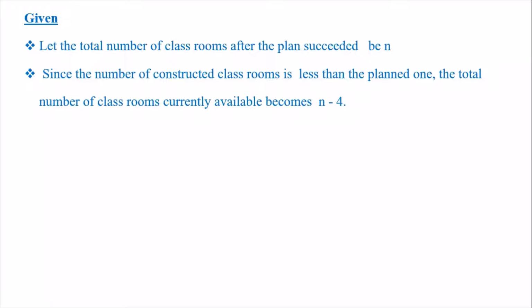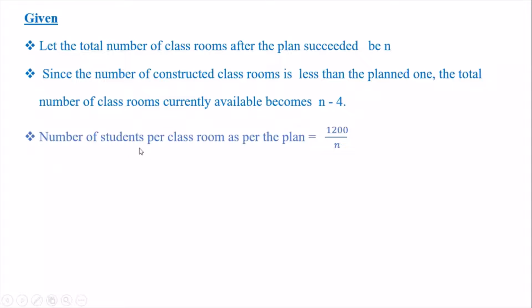Therefore, the total number of classrooms currently available is n minus 4, because the total number of classrooms is previously constructed classrooms plus newly constructed classrooms. Since the newly constructed classrooms are 4 less than the plan, the total is affected by this difference, n minus 4.